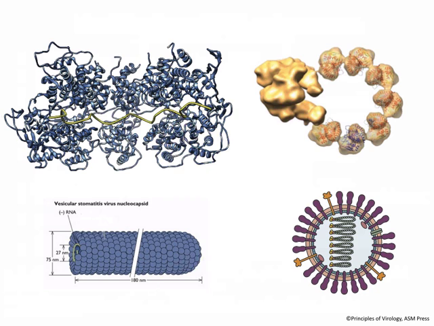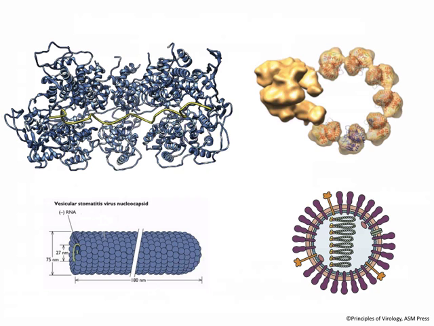Just to remind you, here's how the protein coats the genome of vesicular stomatitis virus. Remember, these are bullet-shaped particles. The negative strand RNA genome is bound to a single protein called nucleocapsid protein, and those proteins interact with each other and with the RNA to give the helical symmetry. The way this works is shown at the top.